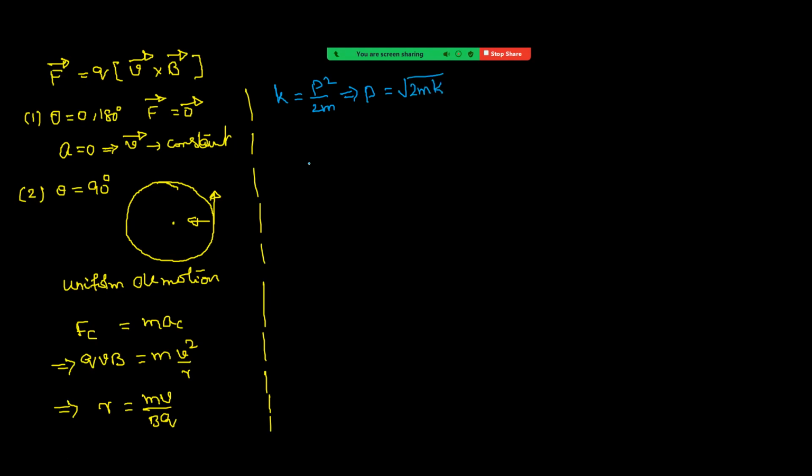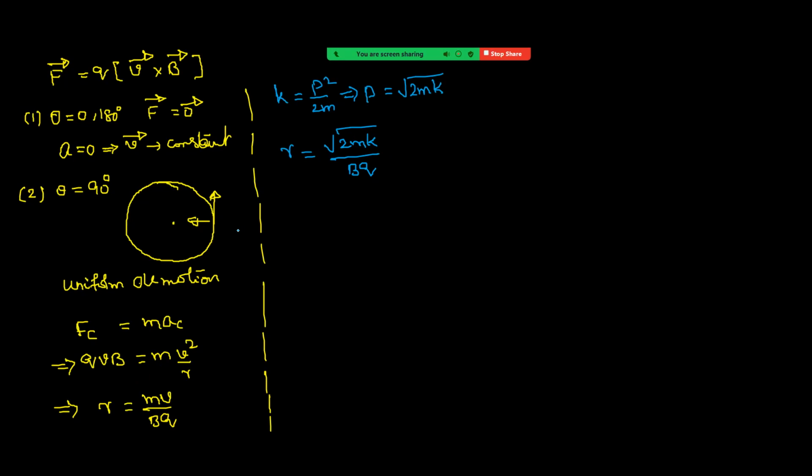Therefore, radius equal to root 2mK upon BQ. So radius of the circle is MV by BQ, or in the place of MV, root of 2mK upon BQ, right?